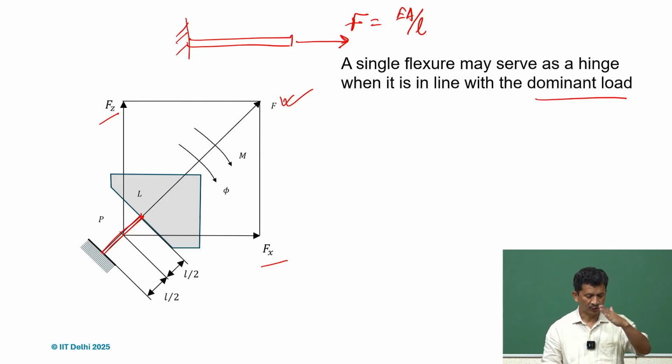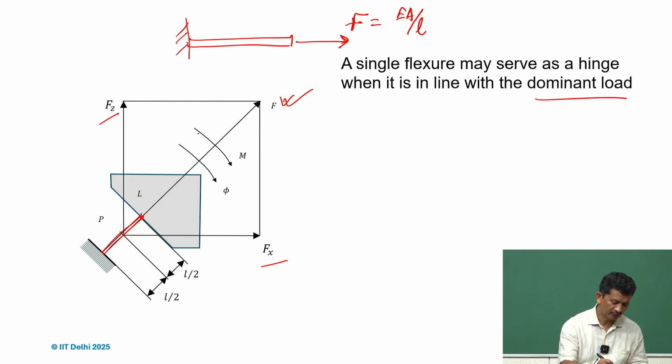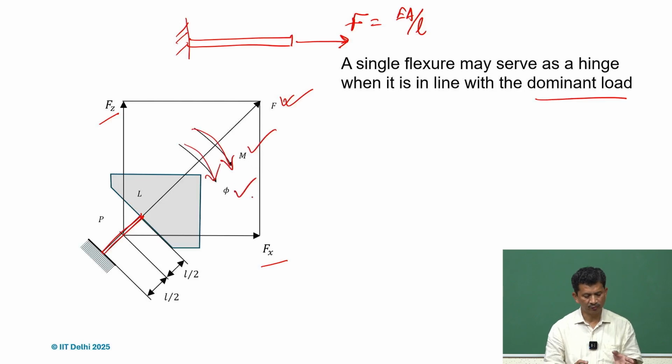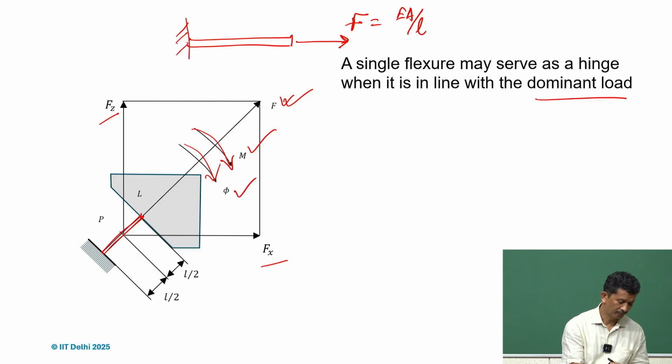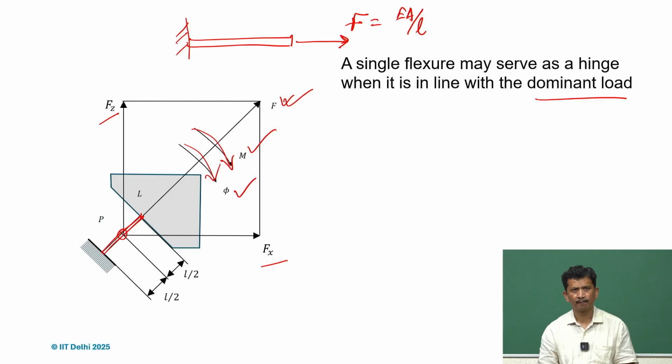So, yes, we will orient towards that, and for any kind of moment, there will be rotation phi. And we know if there is a pure bending moment, then the P will be here halfway. So, yes, if the dominant load is defined and we know, and if it's not varying too much, then it's very easy to work with.